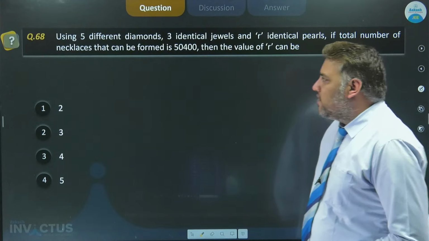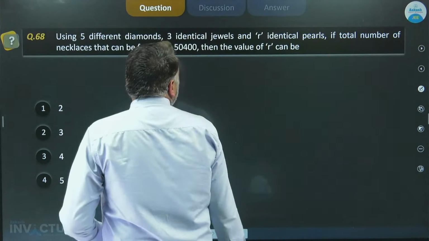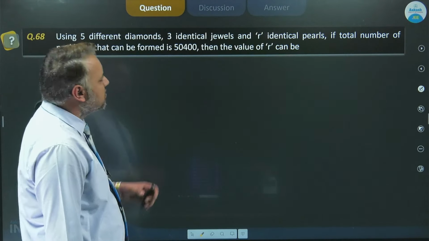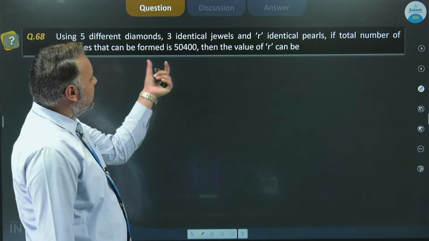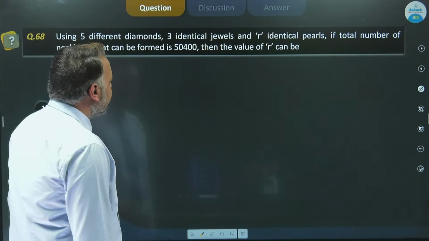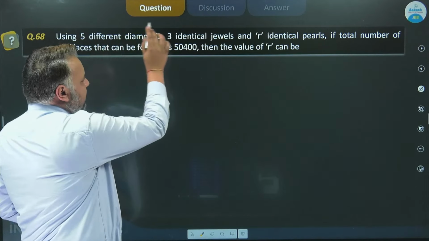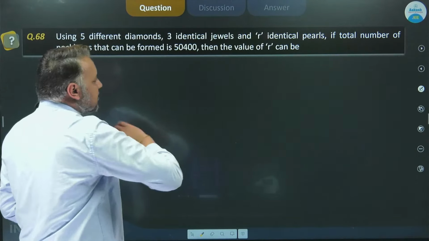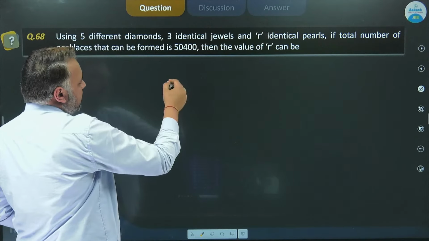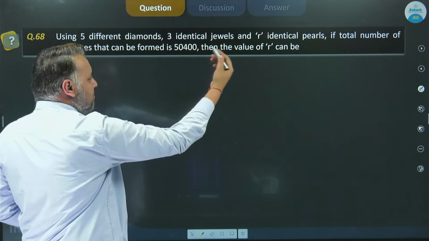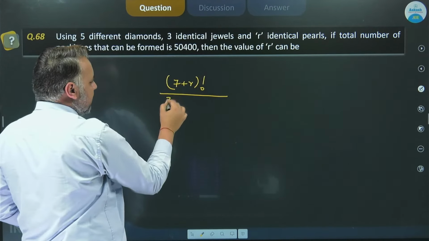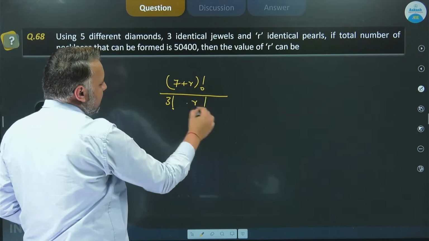Next question. There are 5 different diamonds, 3 identical jewels, and R identical pearls. We have been given that the total number of necklaces formed is equal to 50400. So we have to comment on the value of R. So using 5 different diamonds, 3 identical jewels, and R identical pearls, if we have to comment on the total number of necklaces to be formed, then that will be 5 plus 3 plus R minus 1, that will be 7 plus R factorial divided by 3 factorial for identical jewels and R factorial for identical pearls.